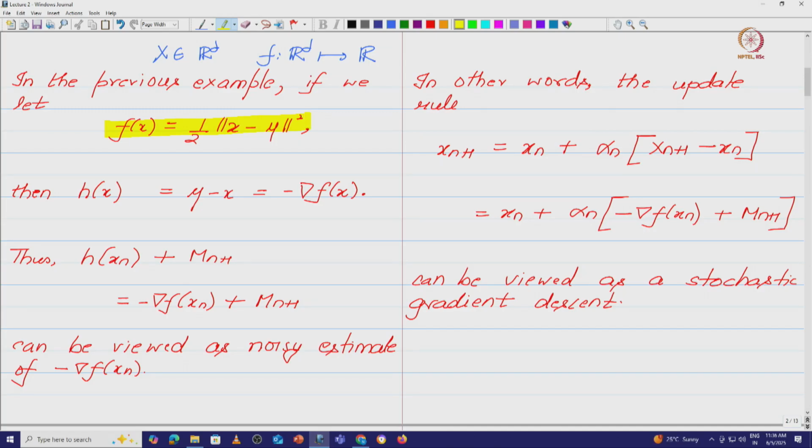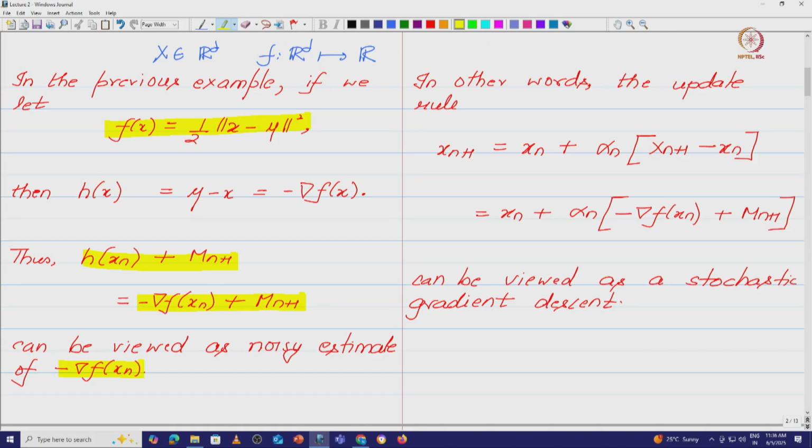Thus h(x_n) plus M_{n+1} can be viewed as the negative of the gradient of f at x_n plus M_{n+1}. In other words, this noisy estimate of h(x_n) is actually a noisy estimate of the negative of the gradient of this function f itself.